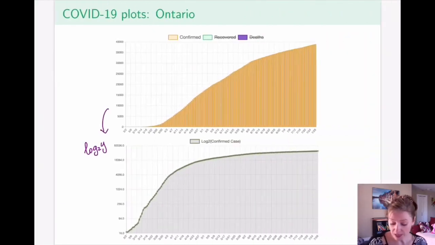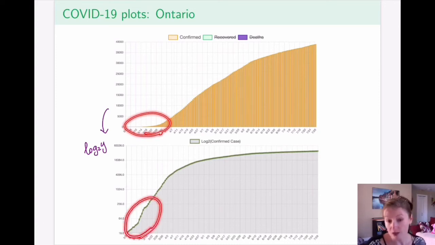That means that if I look at the log plot and I see linear tendencies, that means that the actual disease spread is exponential. Here, it's very hard to see anything when the number of cases is small, but on the log graph, we can already see really high sloped linear tendencies here.